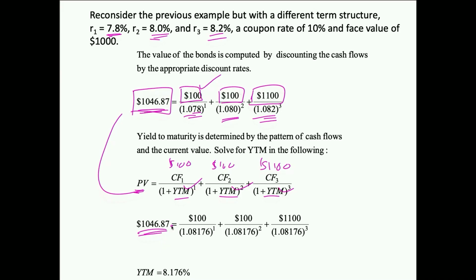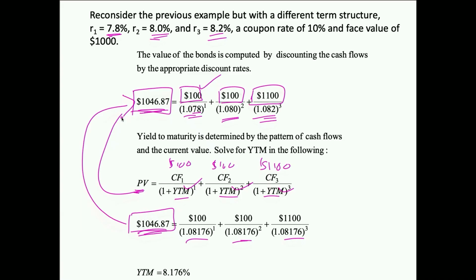Now, in this case, it turns out to be 8.176%. So this identical discount rate, identical across the maturities, time 1, time 2, time 3, if each of those R's was 8.176%, that would deliver exactly the bond price that we got up here.